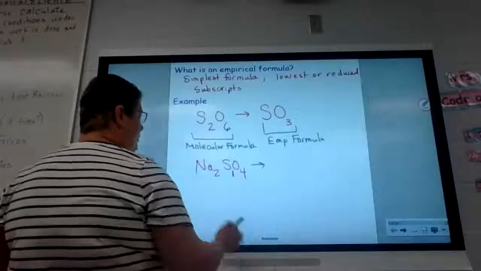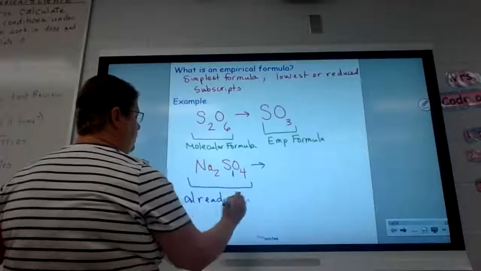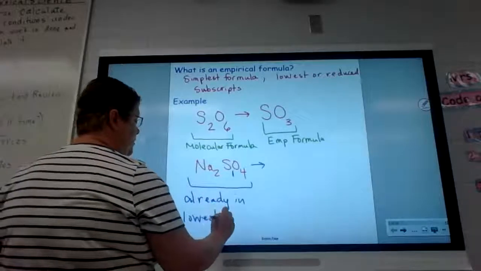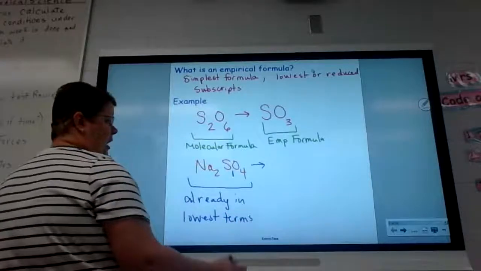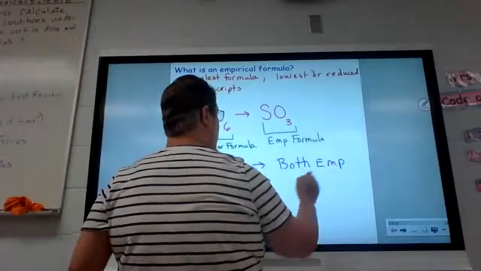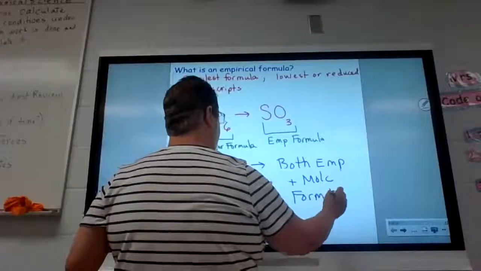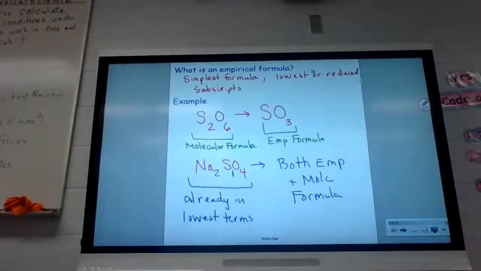And because of that, this is already in lowest terms. So, this one is both the empirical and the molecular formula. And you will find that that one's ionic because it has a metal, right? Most ionic compounds are going to be both the empirical and the molecular formula. Okay? It will be both.